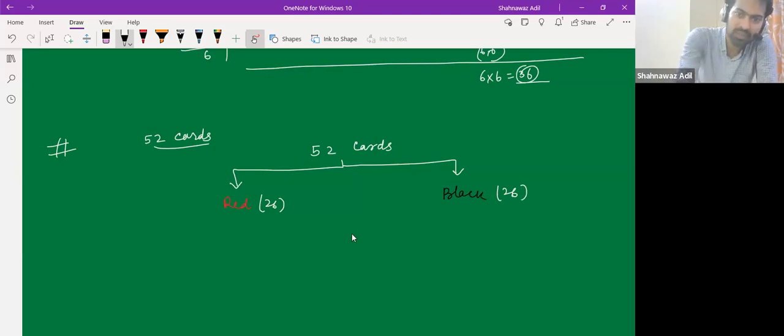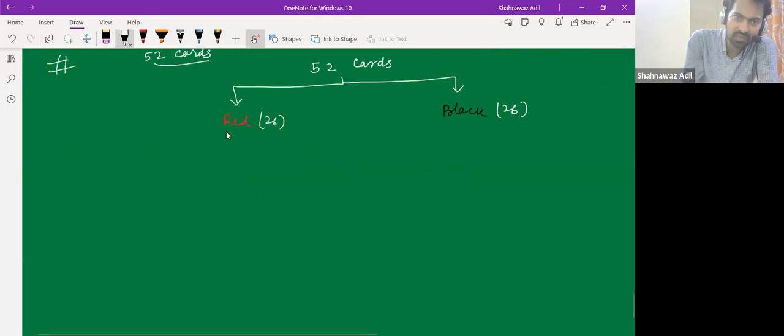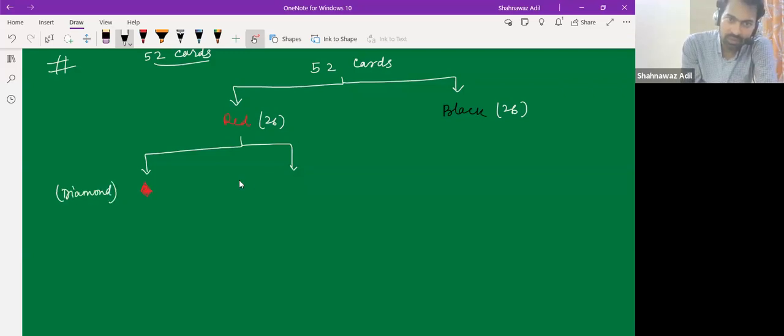So now we have further division. The red is divided into two. One is called a diamond, right? This is a diamond, and then we have hearts.